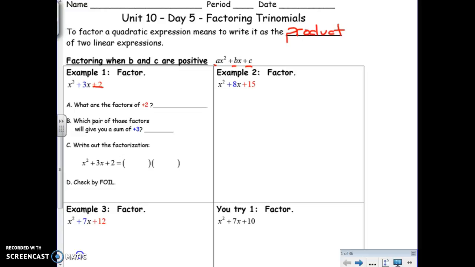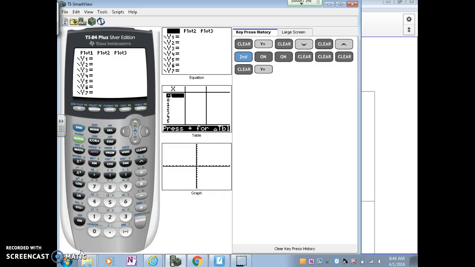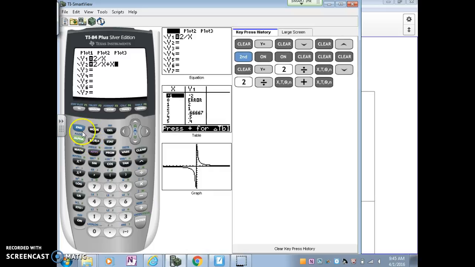One thing you can do is go to your calculator in y equals. We're going to put our C value, which is 2, over x. And then in line 2, we're going to put the same C value over x plus x. Then we're going to go to our table.